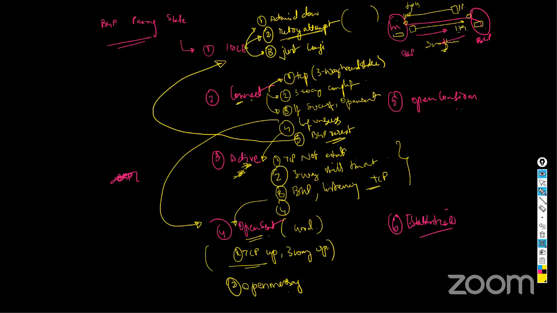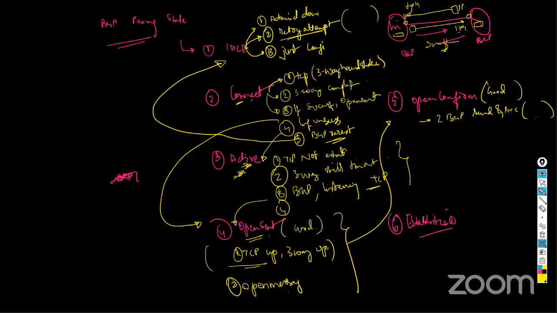So what is the next step? Let's say open sent was all done and it moves towards open confirm. Open confirm is good news once again. It's a state when the two BGP routers can send and receive an open message.